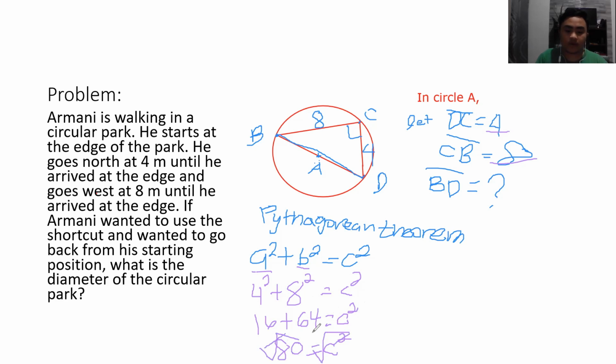So the square root of 80, c, is equal to 8.94 meters. Therefore, the diameter of the circular park is 8.94 meters.